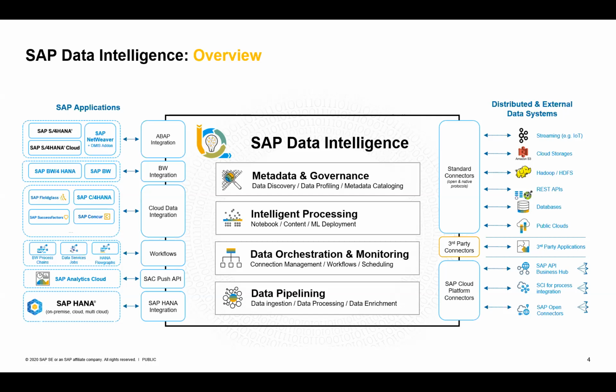So to be capable of also governing the data, because when it comes to data science initiatives, or when it comes to data processes across a disparate landscape, you have often experienced that there is a lack of data governance, which has prevented many projects from going live. And that's why metadata and governance is an essential part within SAP Data Intelligence.